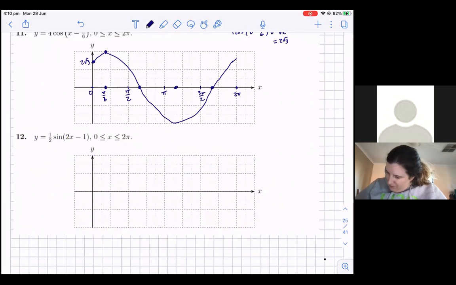So we've got y equals half sine 2x take 1. Its amplitude is obviously a half, so it's going to go up to positive a half and down to negative a half.